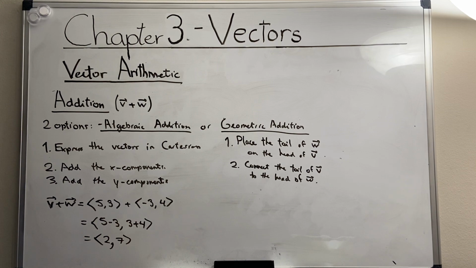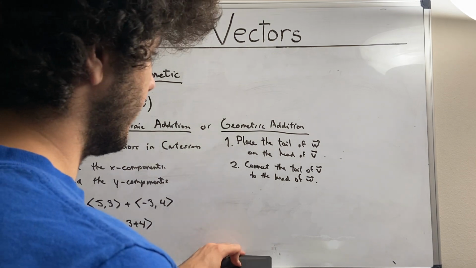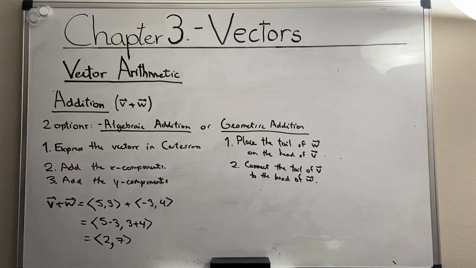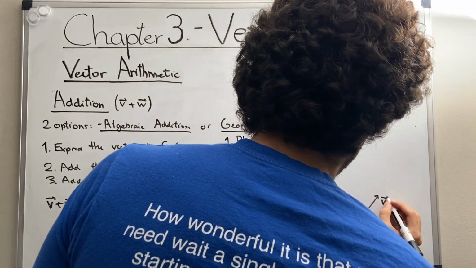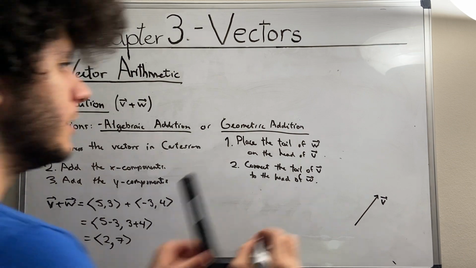And so an example of that would be the following. So you have V, right? And then you have W.